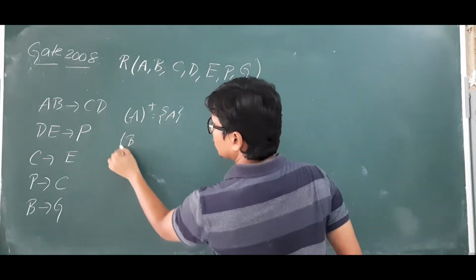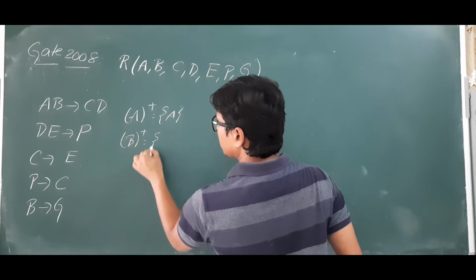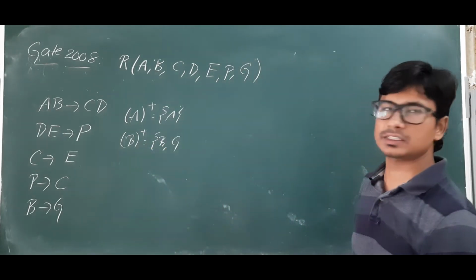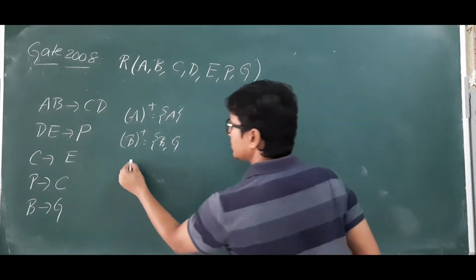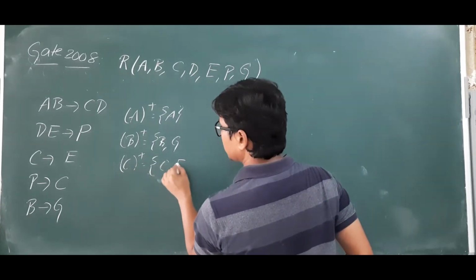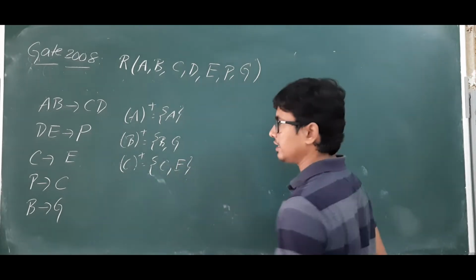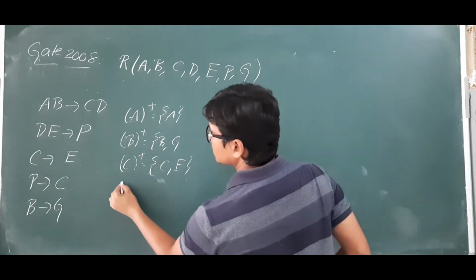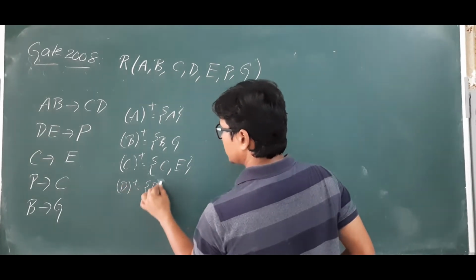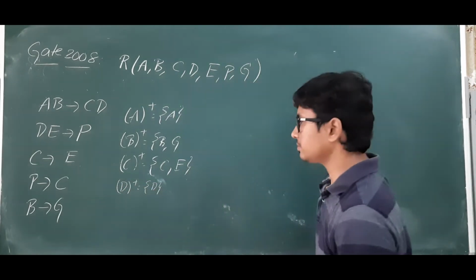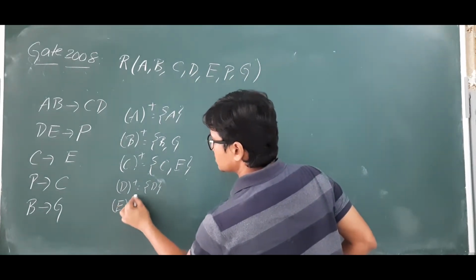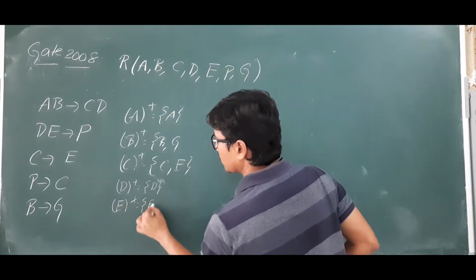Similarly, B closure will give me B, G. It does not give other attributes, so B is not a candidate key. Similarly, C closure will give me C, E, so it is not a candidate key. Then D closure will give only D, so D is not a candidate key. And E closure consists of only E.